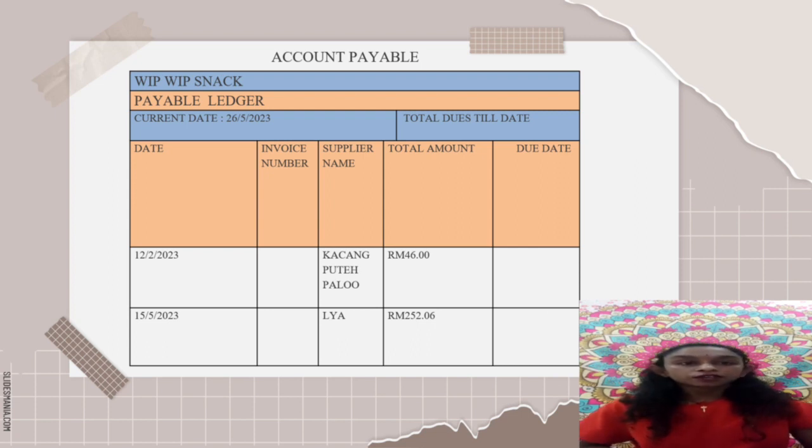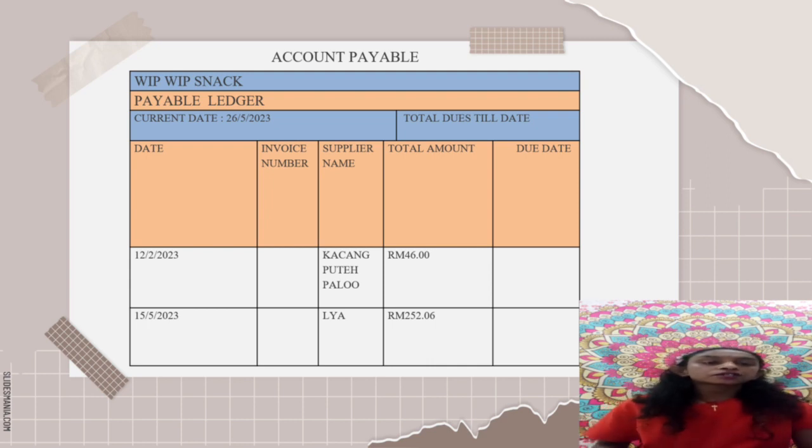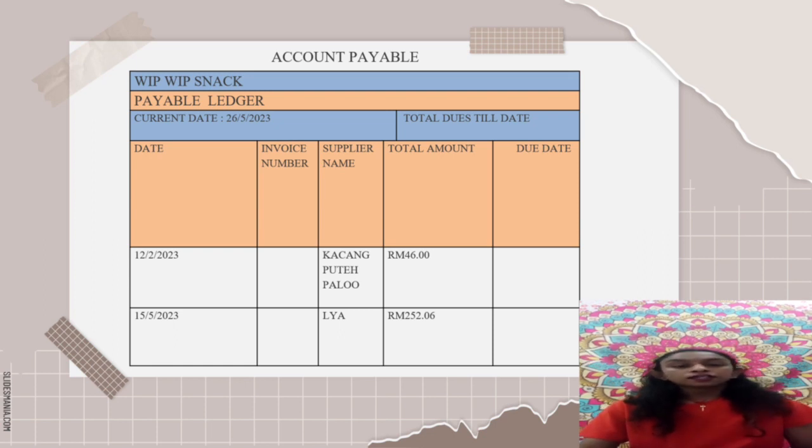Let's look at the accounts payable of the VIP Snack payable ledger. Current date is 26 May 2023. Total dues till date: date, invoice number, supplier name, total amount, due date. The first date will be 12th of February 2023.